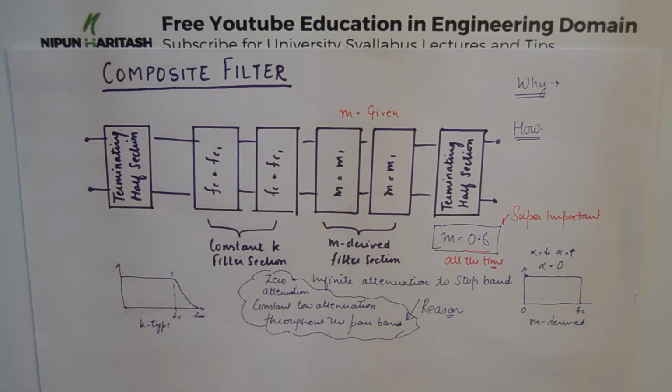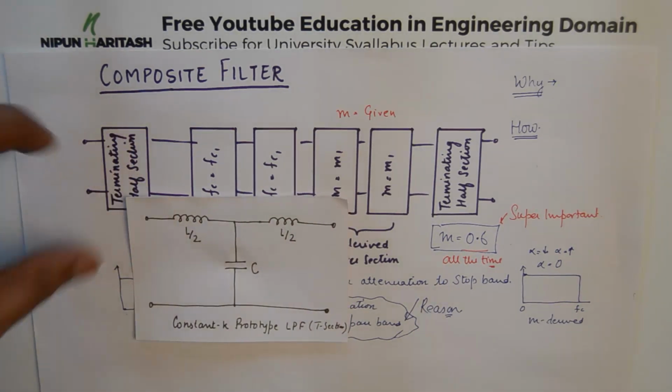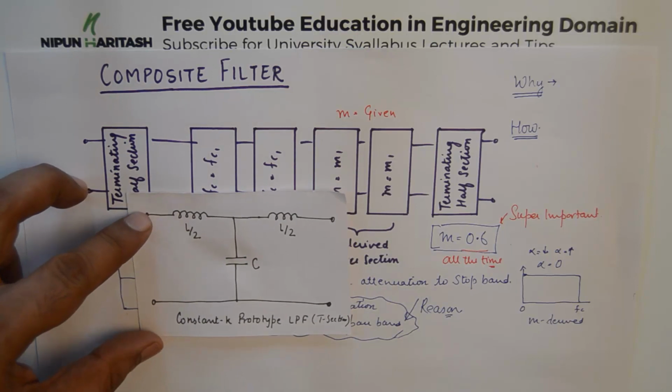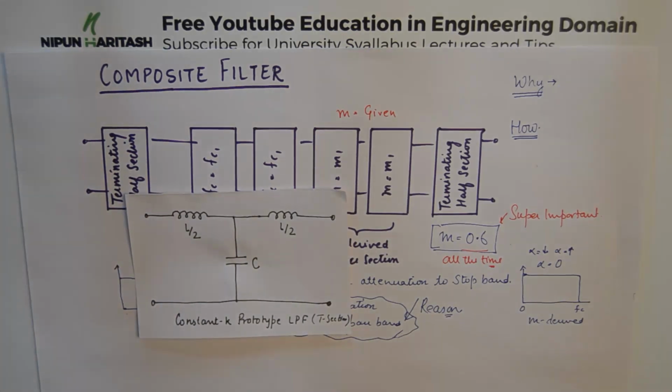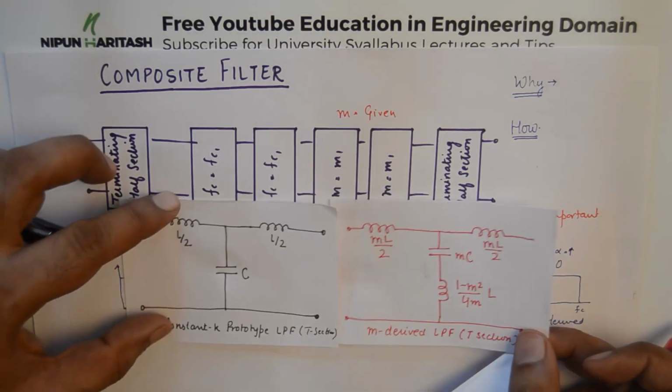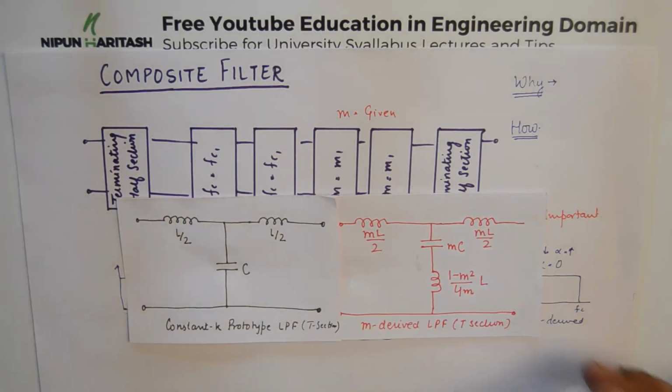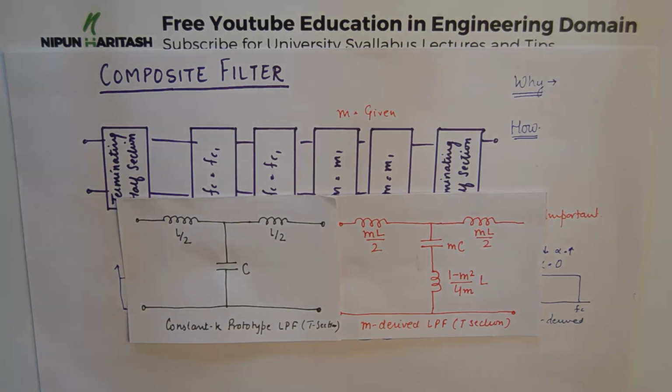And in order to understand it better, now a constant K type composite filter is made up of a constant K section, so you can place it here, and then you need another M derived section, so you can join it. As in the diagram, you need a constant K prototype low pass filter, then an M derived low pass section.